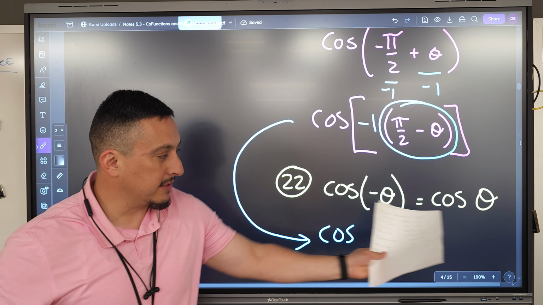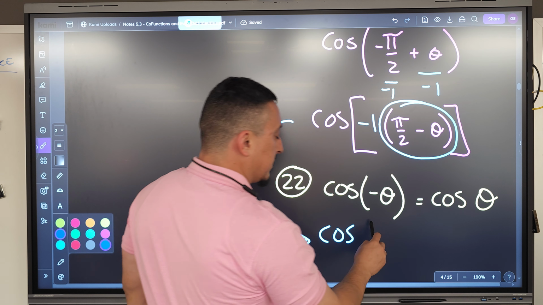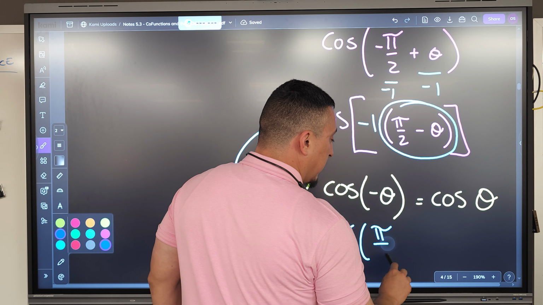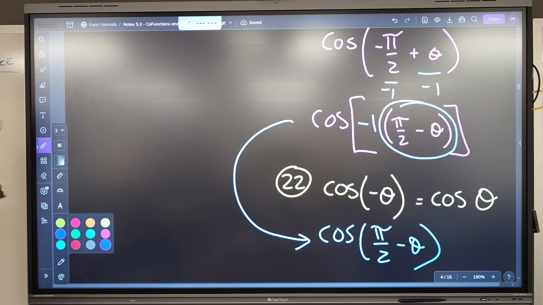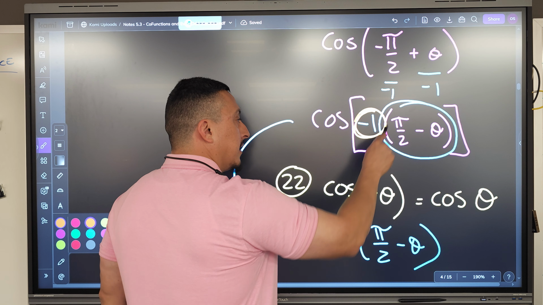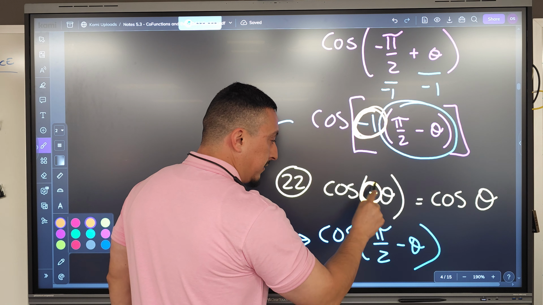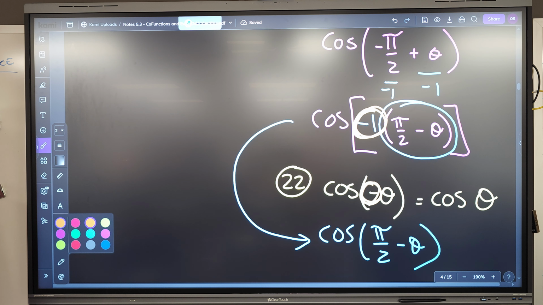One with the negative is the same with no negative, because that's what that tool says. So this is the same as, in other words, what did I do here? I erased that -1 because that's that negative, and that negative is the same as the positive. Does that make sense? Follow?